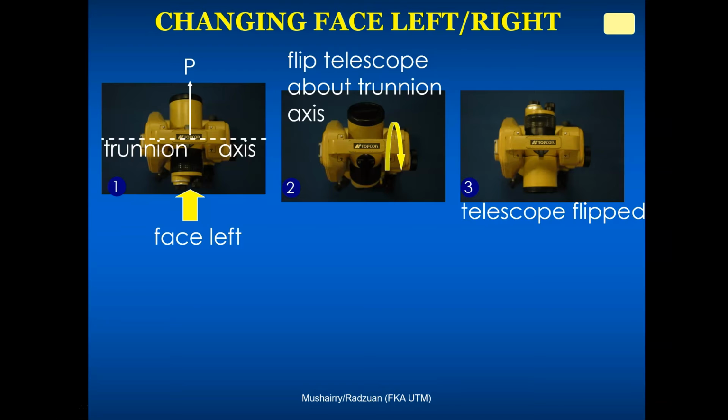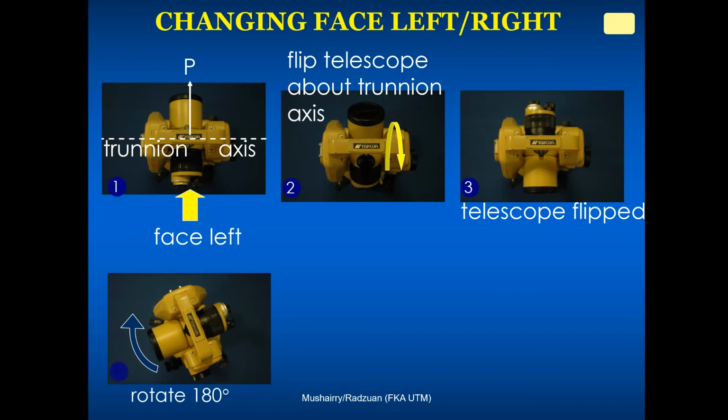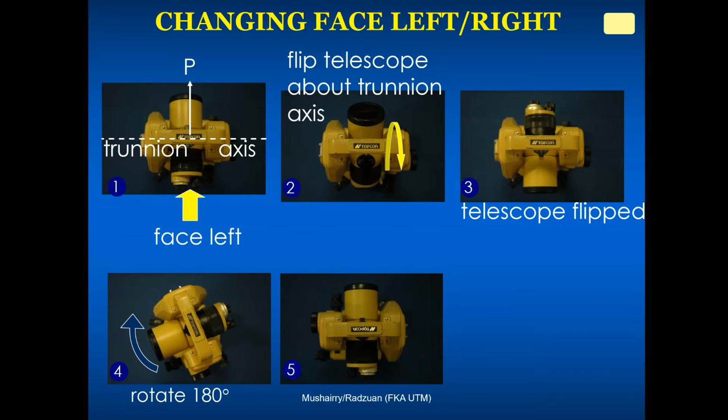Now the eyepiece is away from you, like shown in figure 3. Then you have to rotate the telescope 180 degrees so that the eyepiece will be close to your eye, so that you can measure point P again, but in phase right.